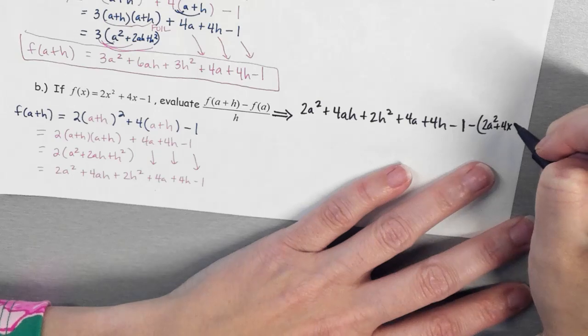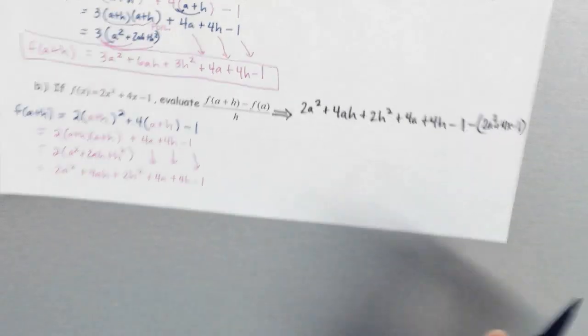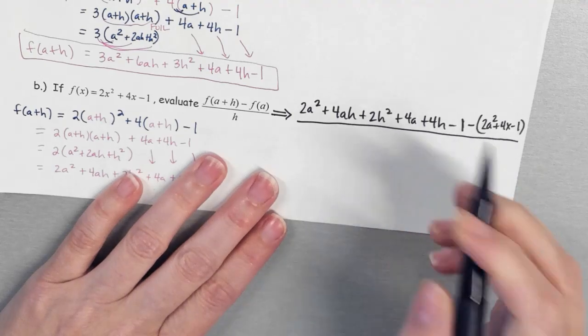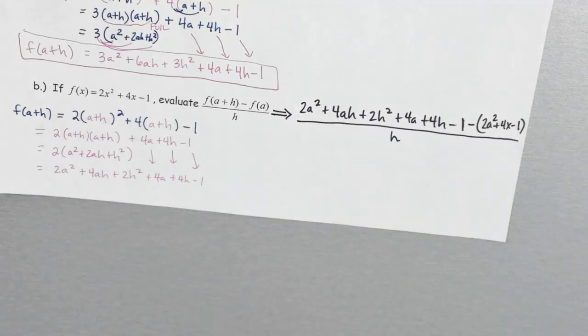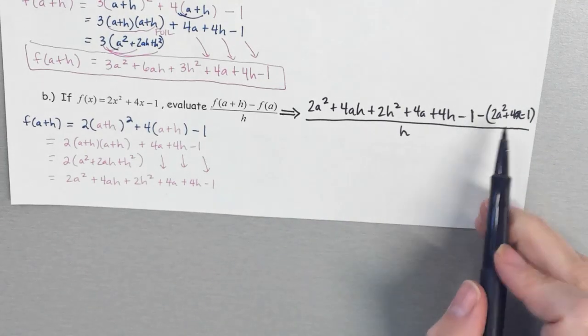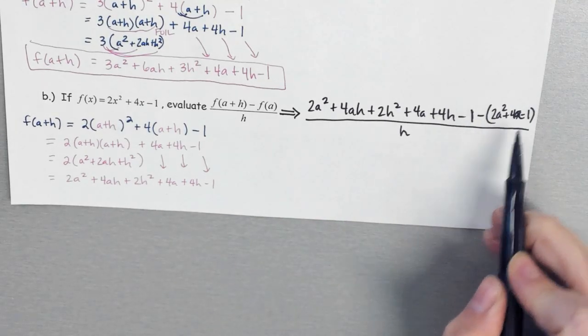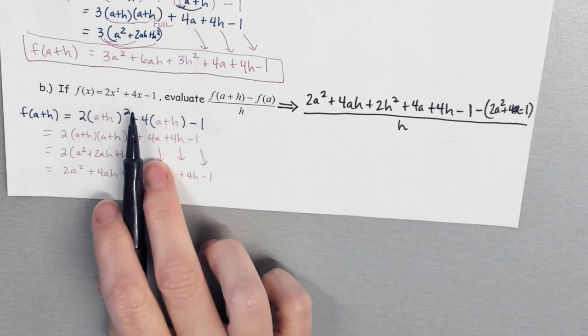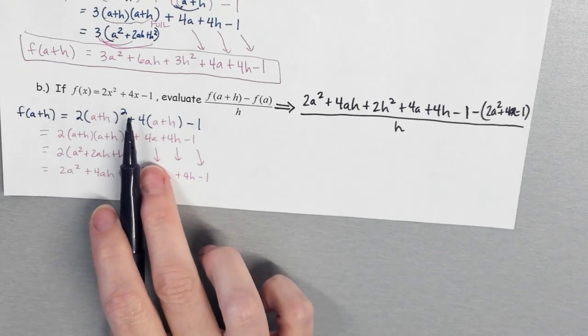Now, I like to put it in parentheses because if you have a minus, what are we going to have to do? Yep. And then it's all over h. Yes, thanks. Yep, so you have the 2a squared plus 4a minus 1. I must have been saying x at the time. I was writing it. So you replace all of the x's with your a's.